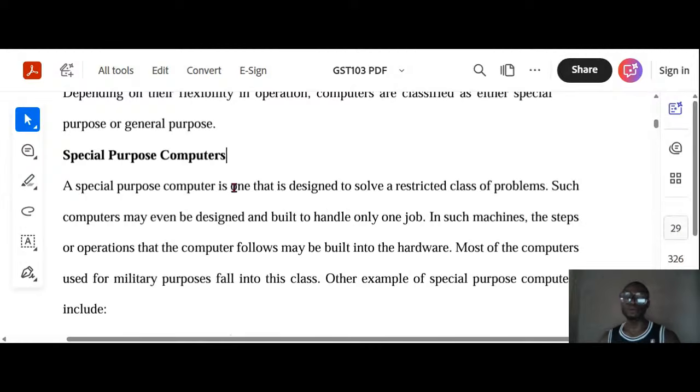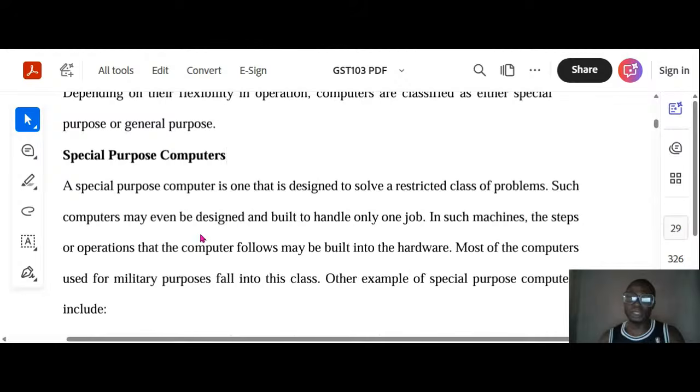A special purpose computer is one that is designed to solve a restricted class of problems, not just a general problem, a restricted class of problem. And those kinds of computers are more focused because they are just meant to solve one particular aspect of a challenge, or one particular problem.